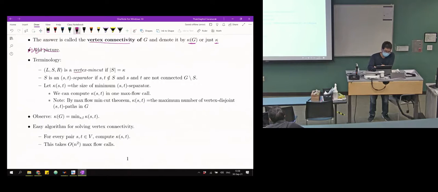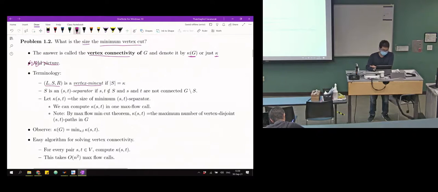From now, we say that an LSR is a vertex min cut if it's a vertex cut of minimum size, that is, the size of the cut is kappa. Now, this set S here, we will say that it is an ST separator: when you delete S, then the source and sink are disconnected.